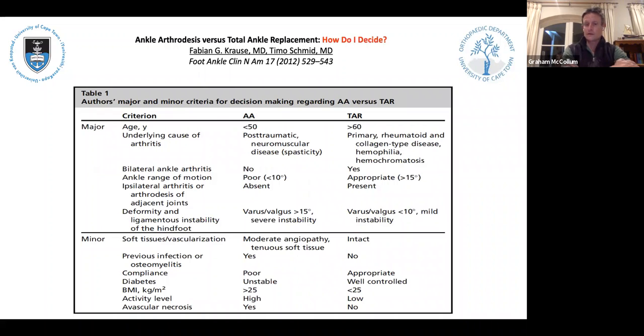It's a bit different in a very low demand, say JRA or rheumatoid type patient with multi-joint disease. Then you may consider it in a very young patient like that, but I try and stick to over 50 with reasonable soft tissues that are going to heal, patients who have a varus or valgus deformity that's not more than 15 to 20 degrees. That I think I can correct with the implant, otherwise an arthrodesis.